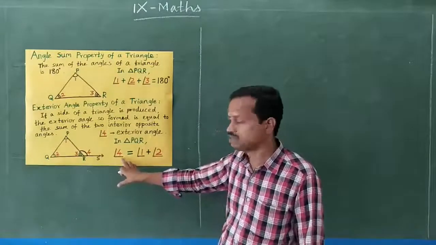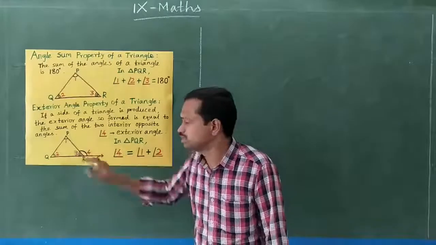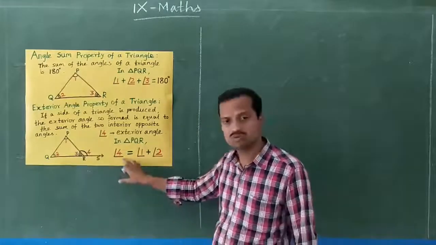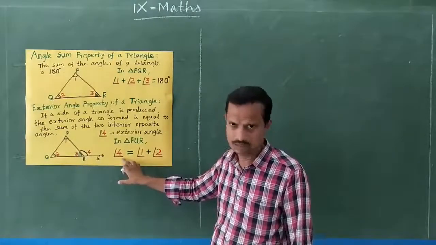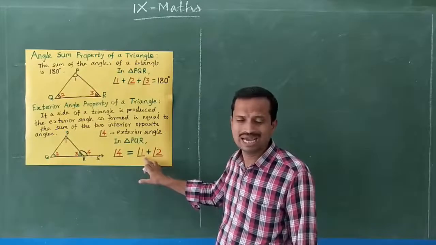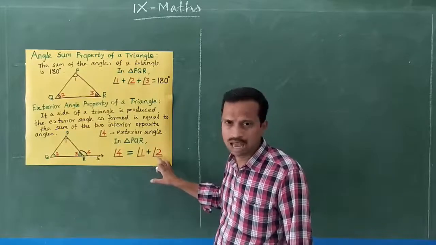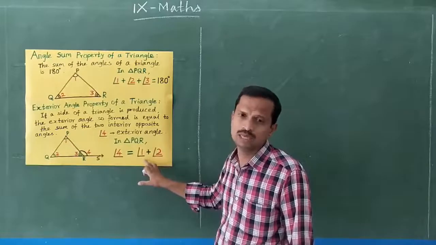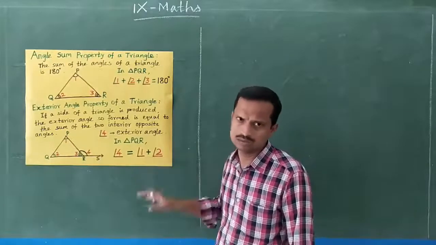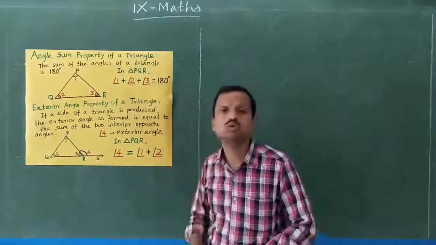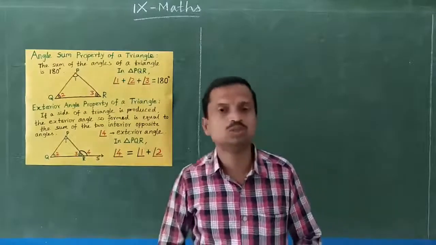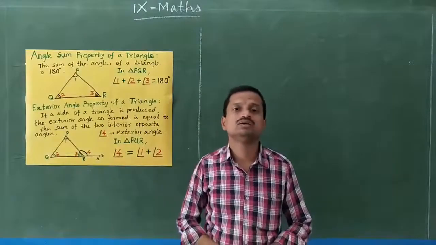So you can write, by observing this triangle, angle 4, the exterior angle, is equal to angle 1 plus angle 2. Clear? Using these two properties, we are going to do exercise 6.3.